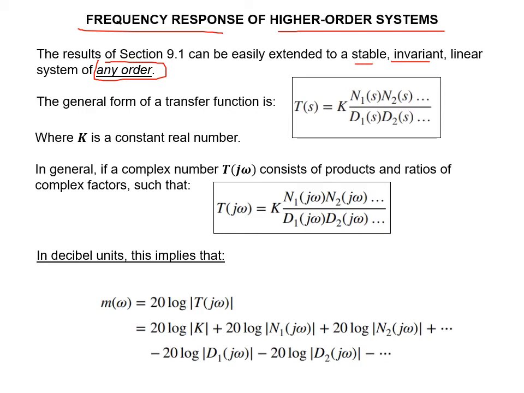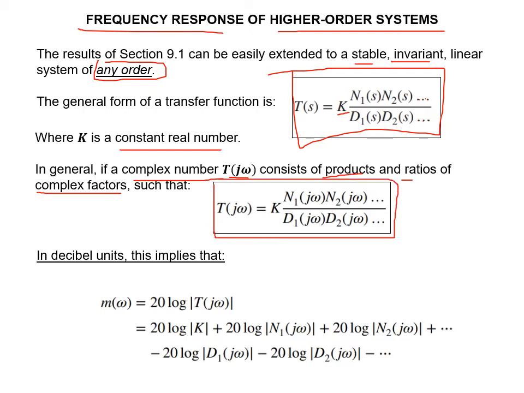So the general form of a transfer function, when we're talking about these higher order systems, is now given to us by this relationship right here. So you can see this keeps going, and we can keep plugging in depending on what order system we're dealing with here, where the K in this is going to be a constant real number. Now, our complex number, T of j omega, consists of products and ratios of complex factors such that we have this relationship over here.